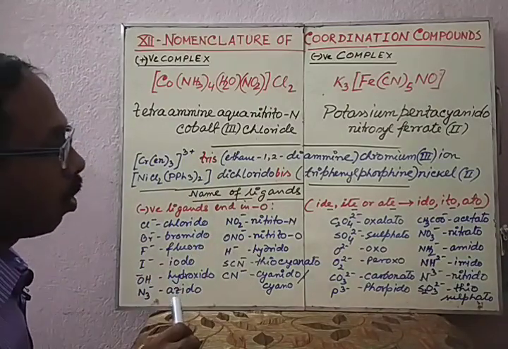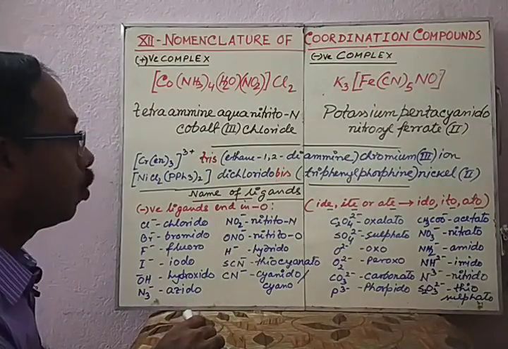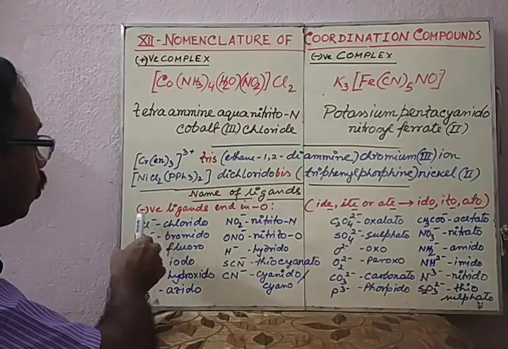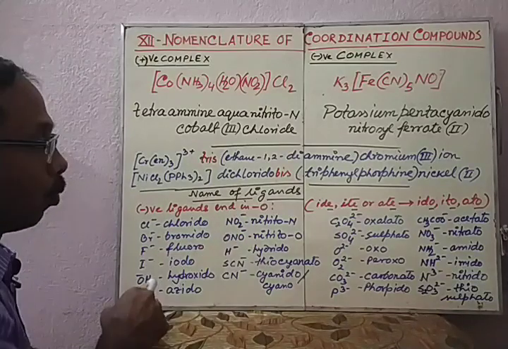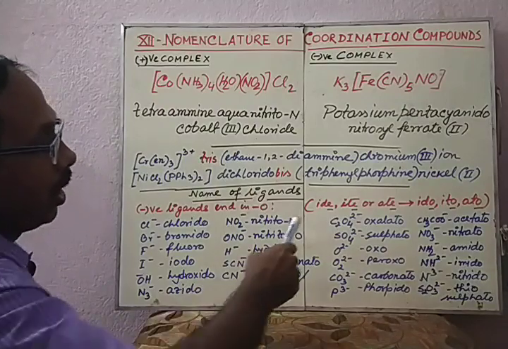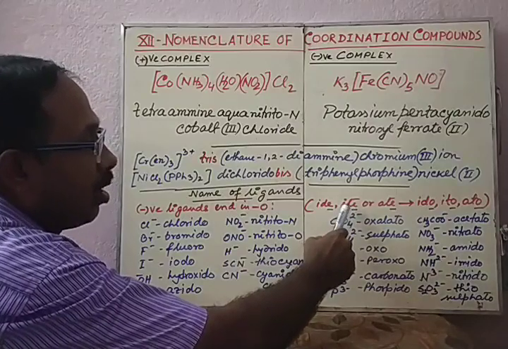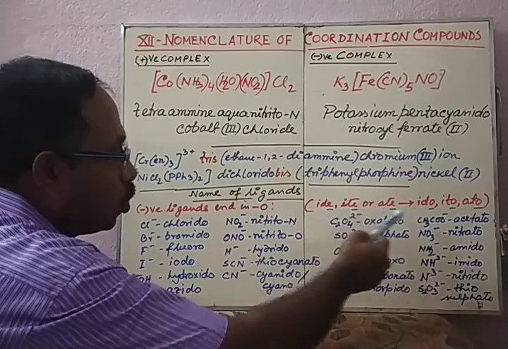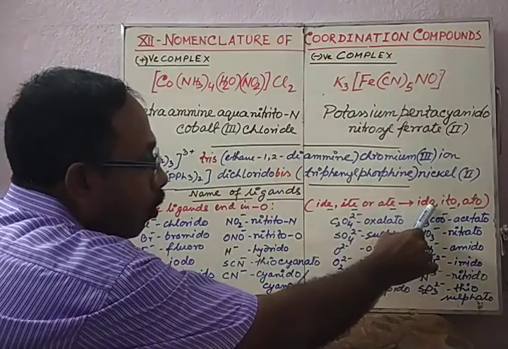Now to go on writing the names of the different complexes, we need to know the names of the ligands. First of all, we need to know the names of the negative ligands, which end in O. If the original name of the ligand ends with ide like chloride, ite like chlorite, ate like sulfate, it should be changed in the IUPAC system, in the complex, to ido.